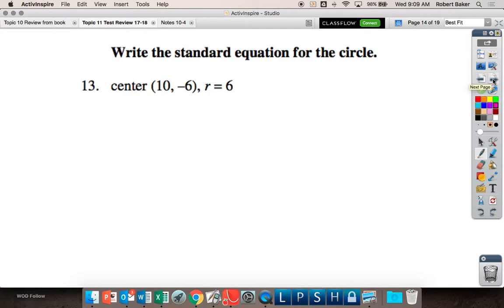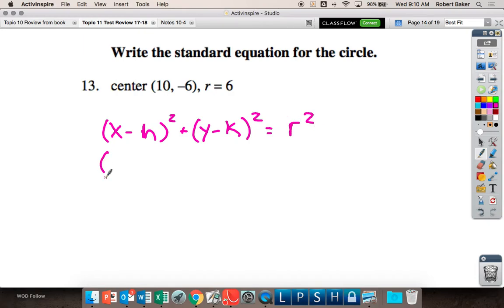Write the standard equation for this circle. So write the equation for this circle. So what would the equation be?